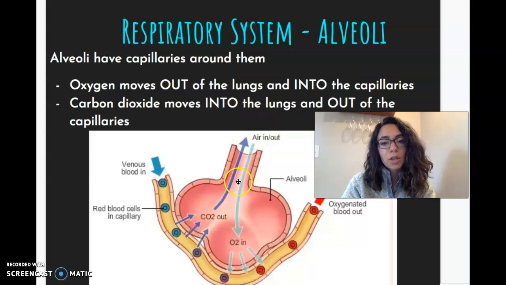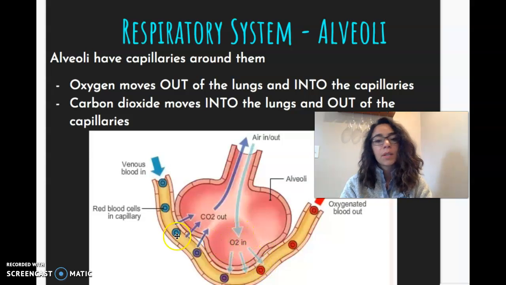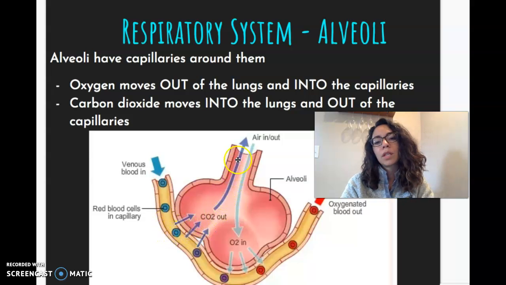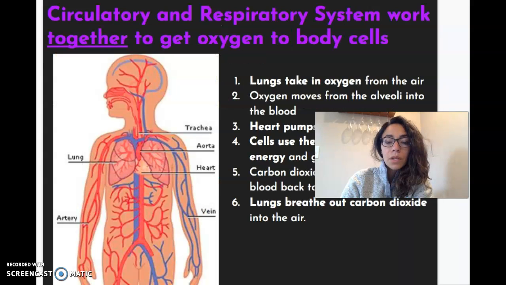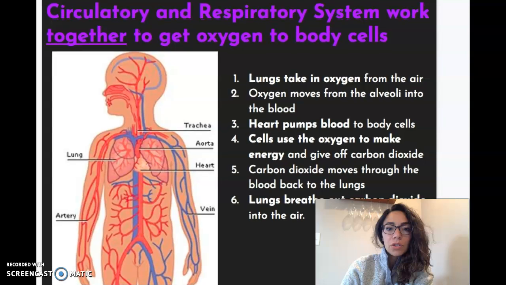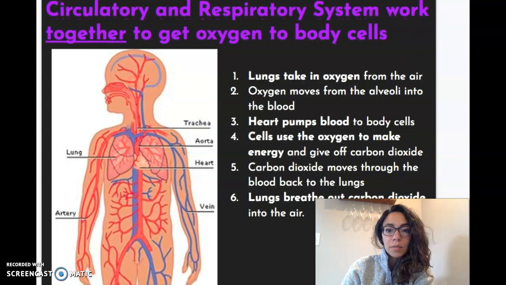Okay, so the oxygen comes into the alveoli, then into the blood. Carbon dioxide is in the blood, moves out into the lungs. Okay, so in summary, the circulatory system and the respiratory system work together to bring oxygen to our body cells.